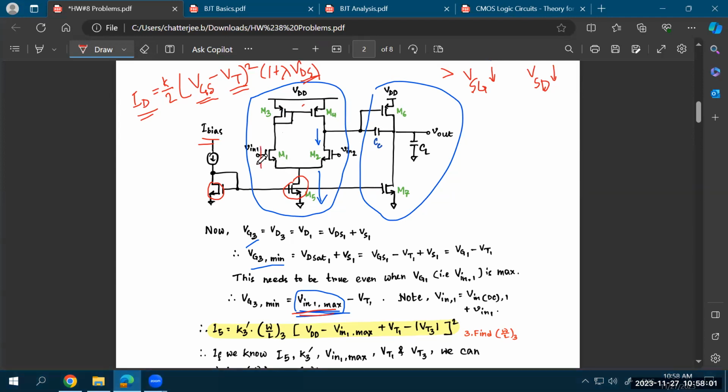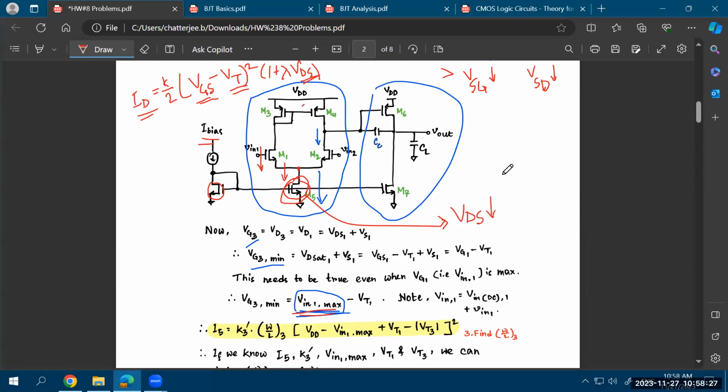As you are reducing the voltage at the gate of the M1 transistor, by the same logic, the source has to reduce because your current remains constant. If that source voltage reduces, the drain voltage of this M5 transistor reduces. So for this M5 transistor, your VDS keeps on reducing.